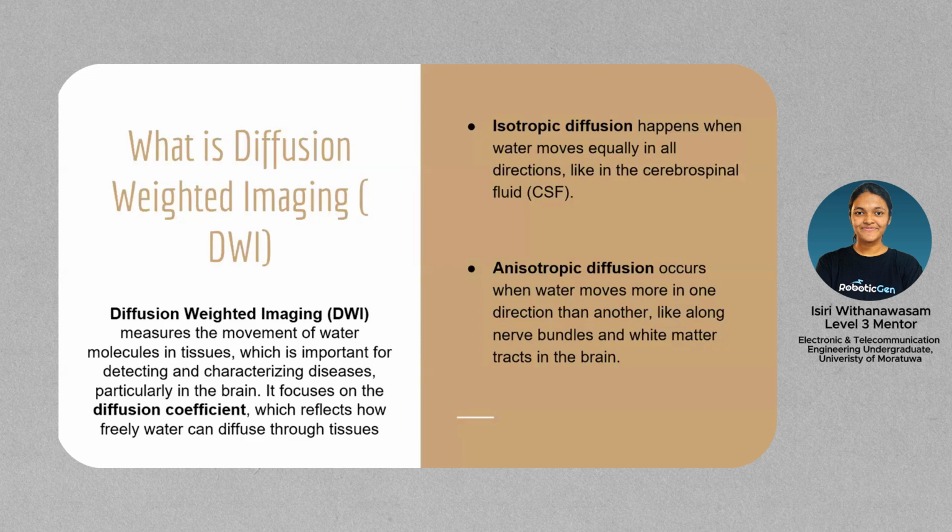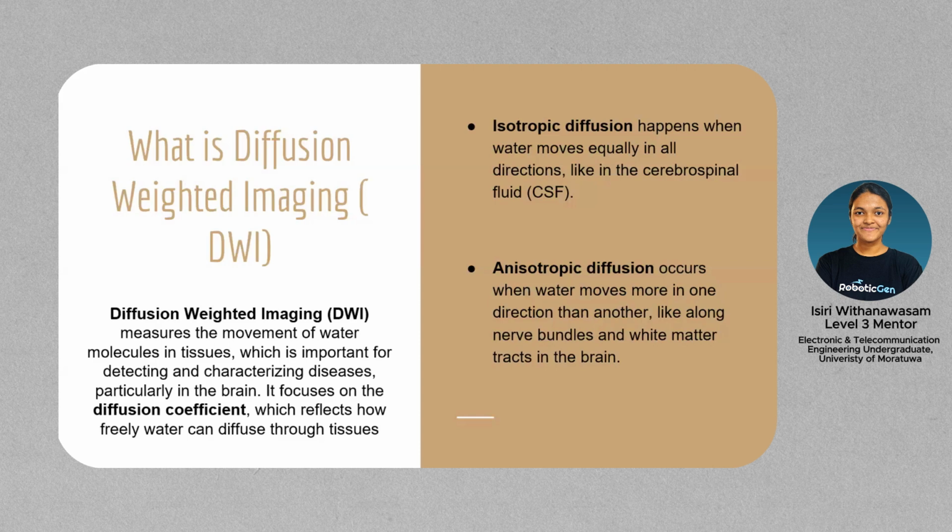There are two types of diffusion: isotropic diffusion and anisotropic diffusion. Isotropic diffusion happens when water moves freely in any direction, but anisotropic diffusion occurs when water moves in only one direction. That happens mostly in the nerve fibers in our brain.